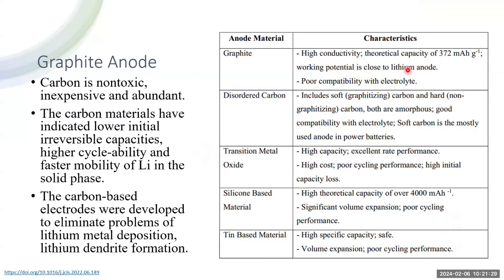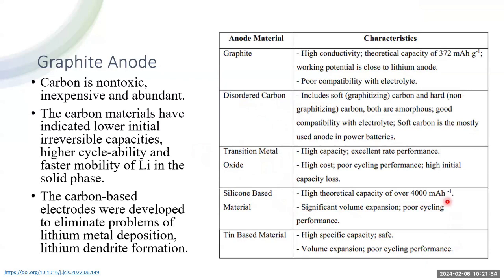If others are hearing properly, then it should be okay in a few minutes. So this is the graphite problem. Then there is disordered carbon, transition metal. There is silicon-based material as well, as you can see here. So you can see that silicon has a very good capacity, which is just 4,000 milliampere hour per gram.